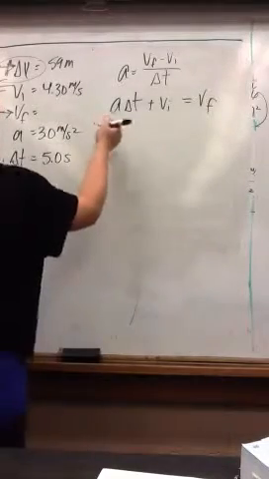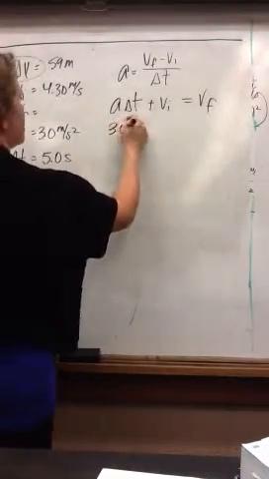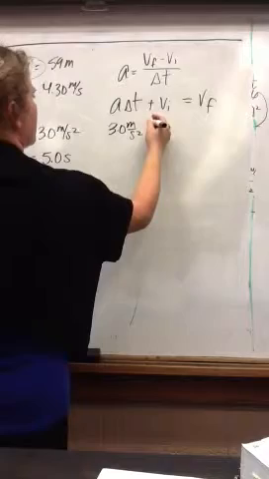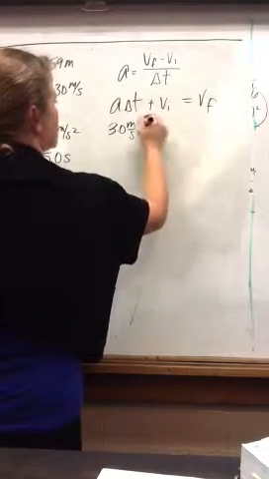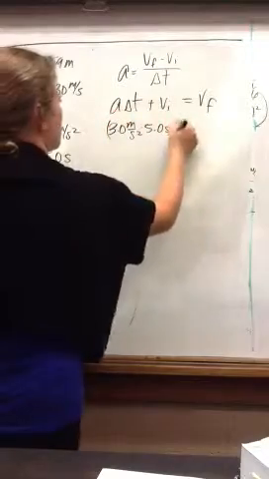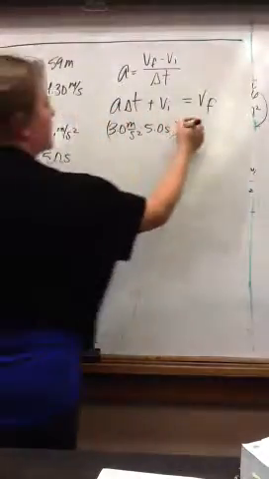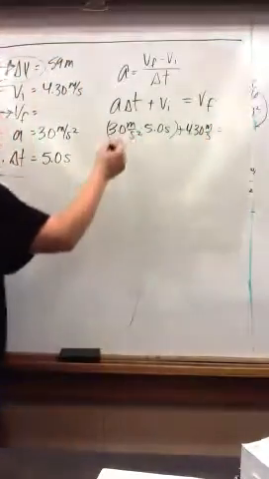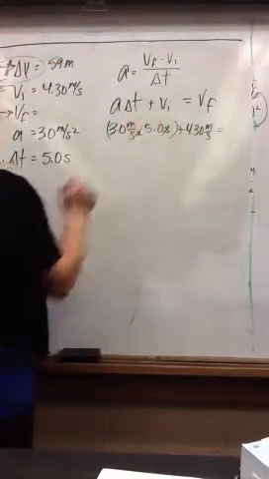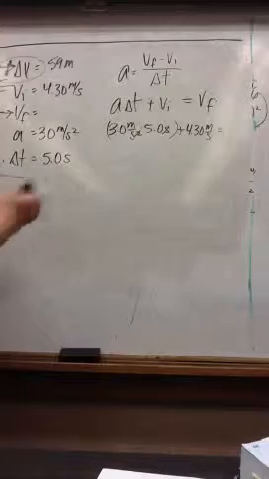So let's plug in. We have 3.0 meters per second squared times 5.0 seconds plus an initial velocity of 4.30 meters per second. Our units check out. The seconds will cancel out one of those. We end up in meters per second.